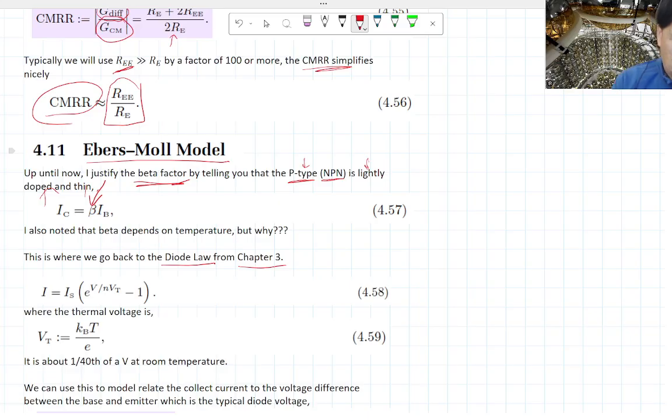Remember that the diode law from chapter 3 is that the current you get is equal to some saturation current, and this saturation current is usually very small, meaning it's the current that occurs when you don't bias it. When you reverse bias it, you just have some random holes opening up and some free electrons moving around. And so the thinner the p-type semiconductor is, the smaller this saturation current will be.